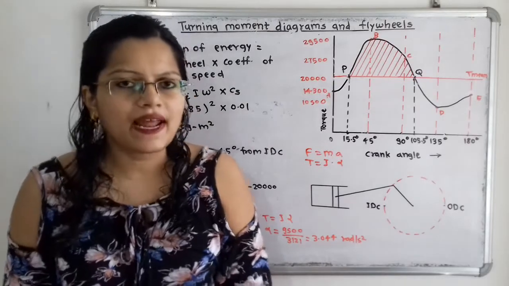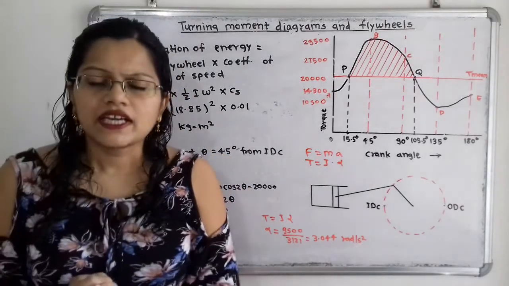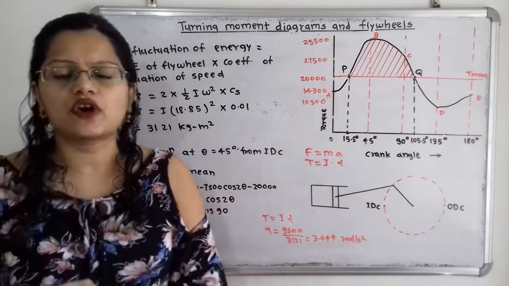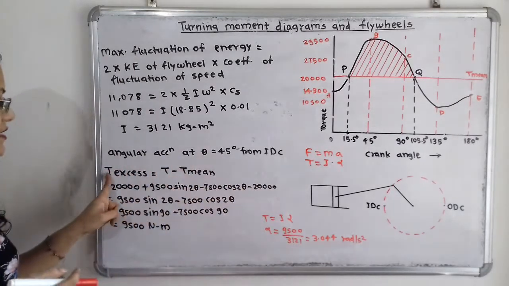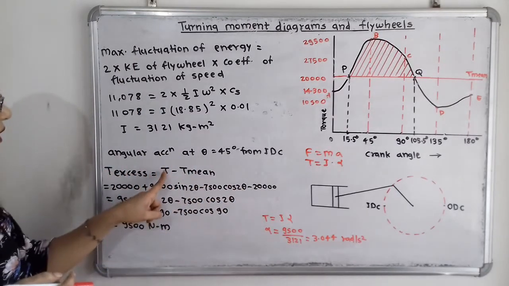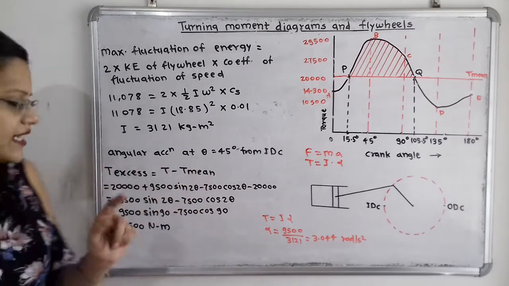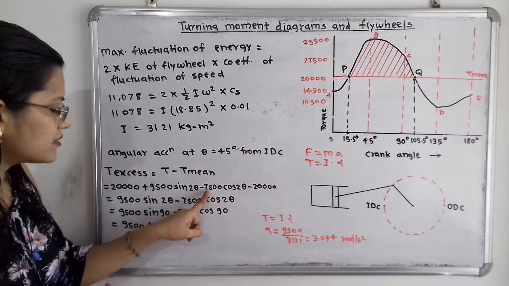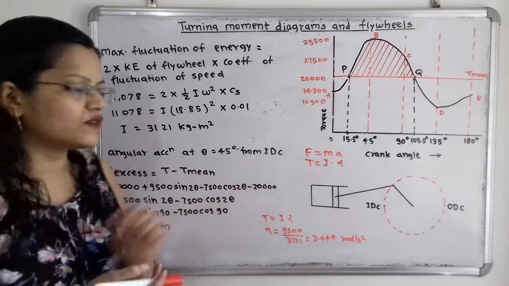Now we will apply the equation for this torque, because the torque equation is given. First we will calculate T excess, that is T excess is equal to T minus T mean. So what is the value of T? T is 20,000 plus 9,500 sin of 2 theta minus 7,500 cos of 2 theta, and the mean torque is 20,000.